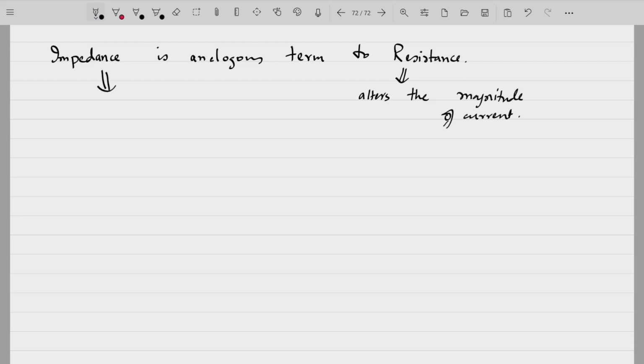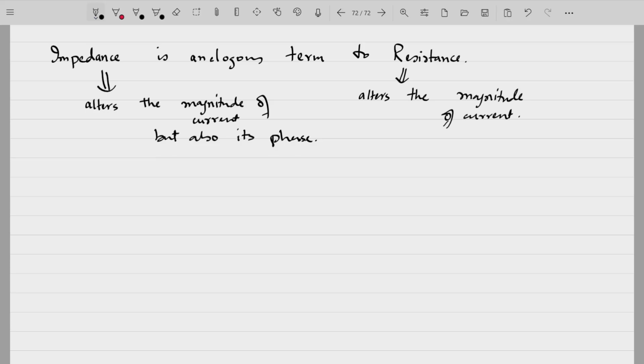But as far as impedance is concerned, it not only alters the magnitude of current, but also its phase. It alters both the magnitude as well as the phase of the current.